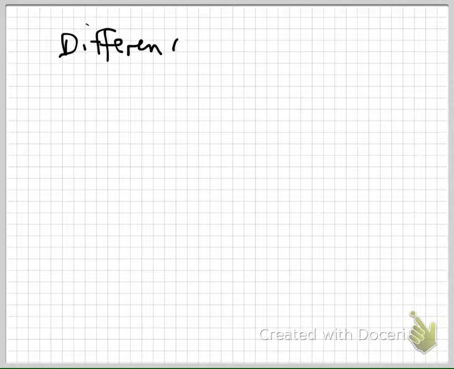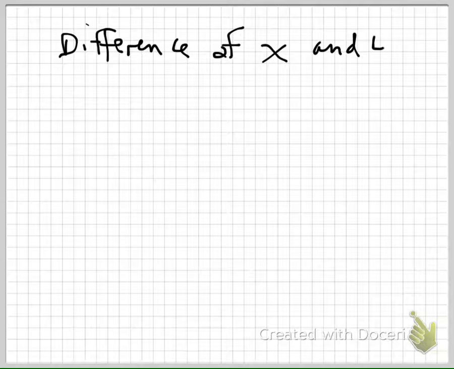So if I said, write down on your piece of paper the variable expression, the difference of x and 4. Write that as a variable expression.